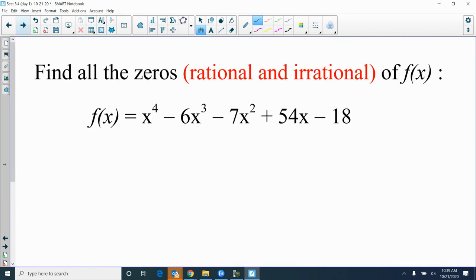All right, let's take a look at this case here. And as you just look at it, how is it different than the last one? There's one main difference. What's the power? 4th degree. All right, so we want to make sure we don't make a mistake there. Go ahead and copy that down, and then we'll look at the possible zeros in a second.